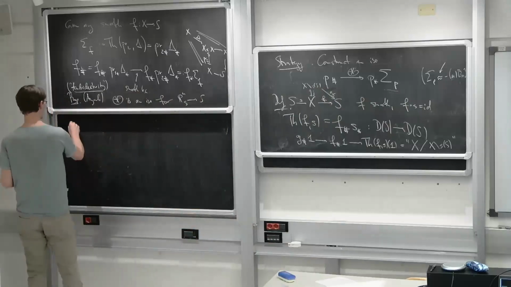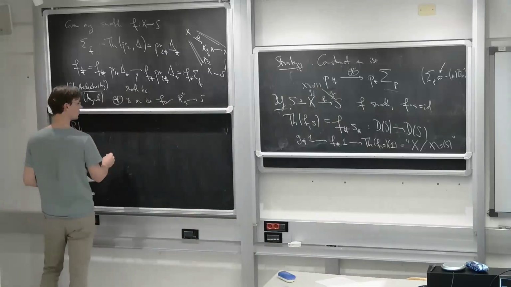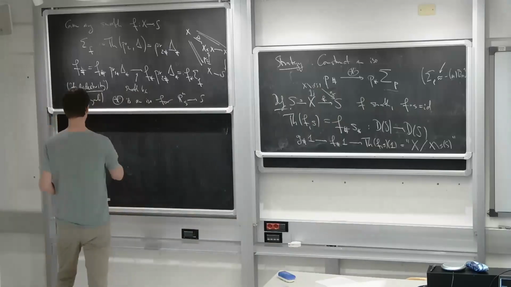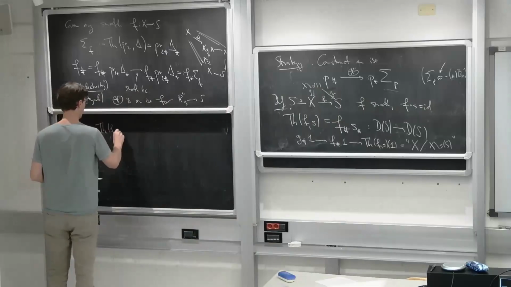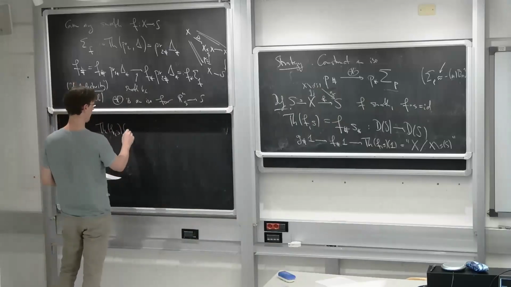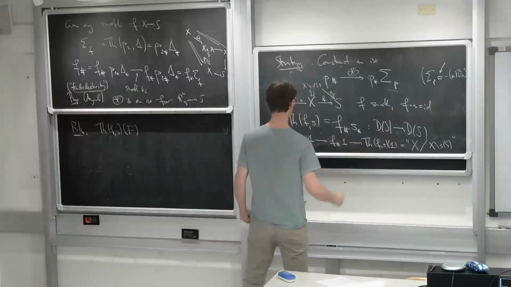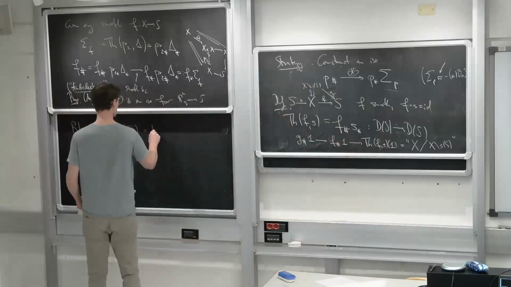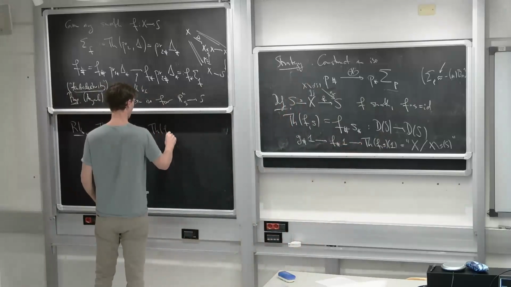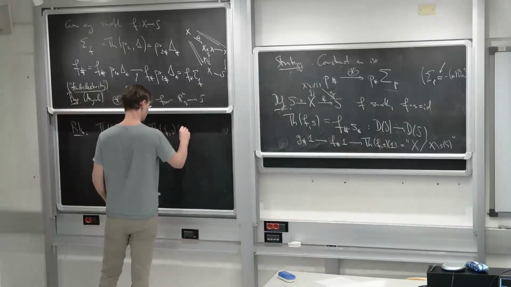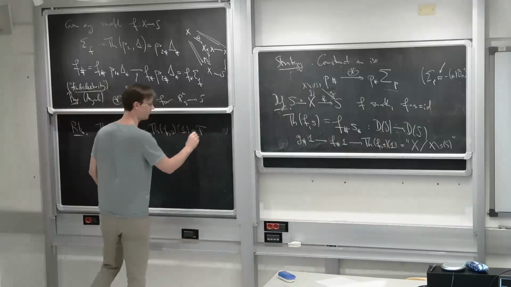So, remark. The remark is the following. Thom Fs applied to some F, let's say, where F is a motivic sheaf here. I claim this is Thom Fs of the unit, tensor F. That's what I claim.